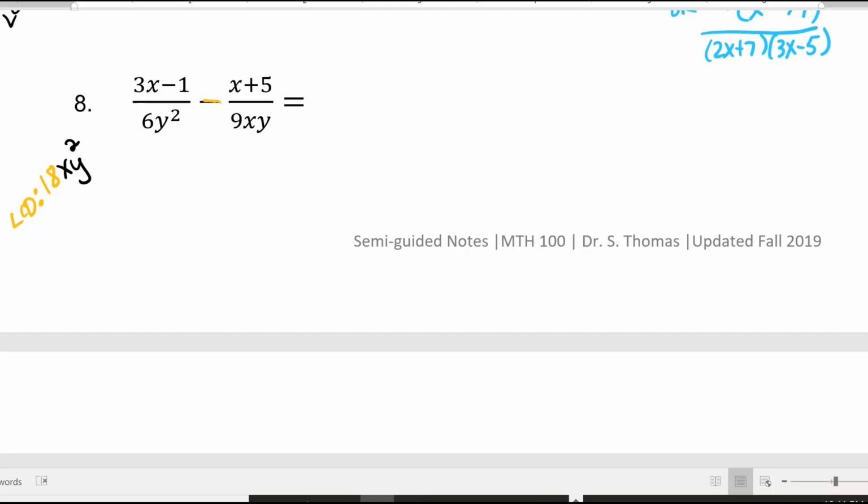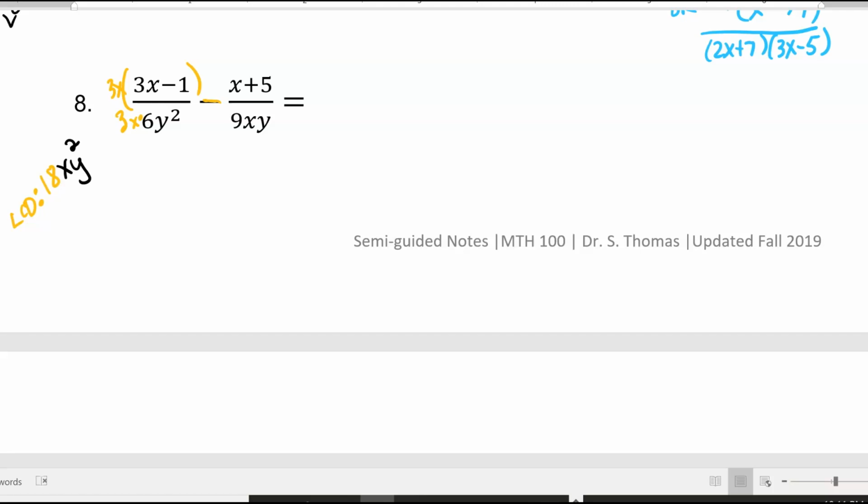So we're going to multiply the left side by what to get 18xy squared? Well, it looks like we're going to have to multiply it times a 3 and an x. So let's multiply top and bottom by 3x. That would give us the 18xy squared that we are looking for.